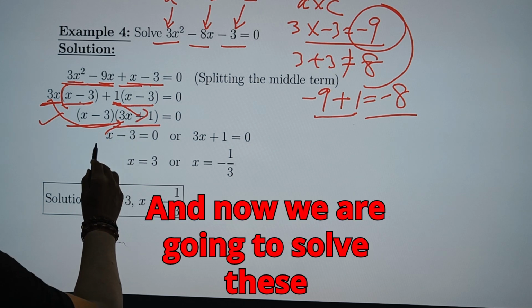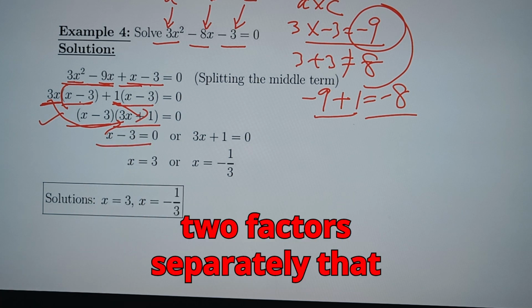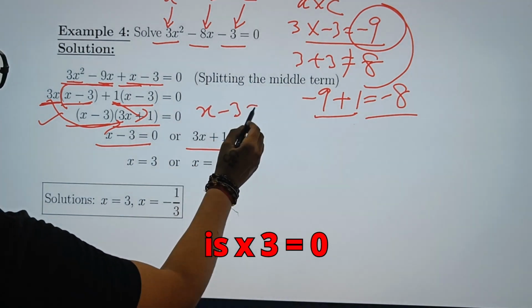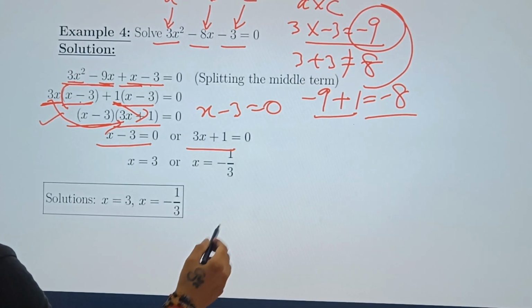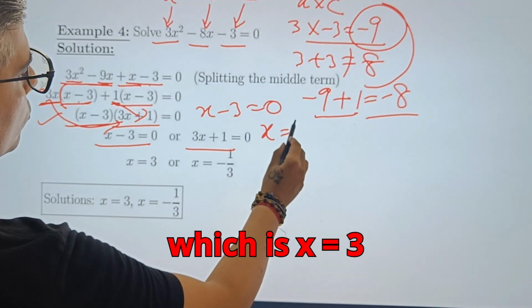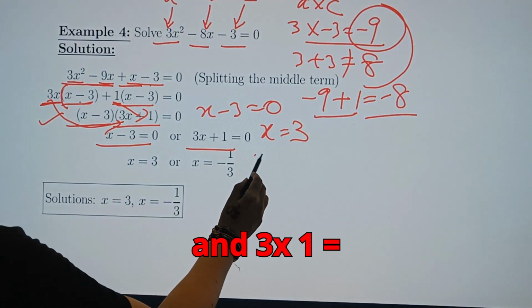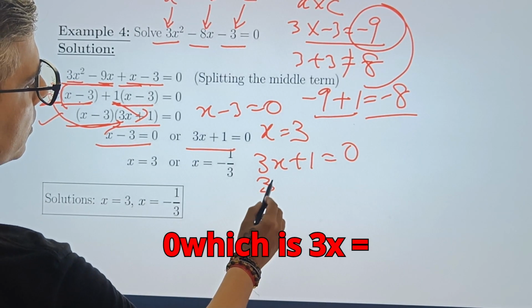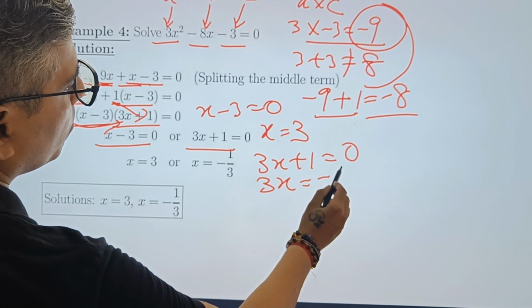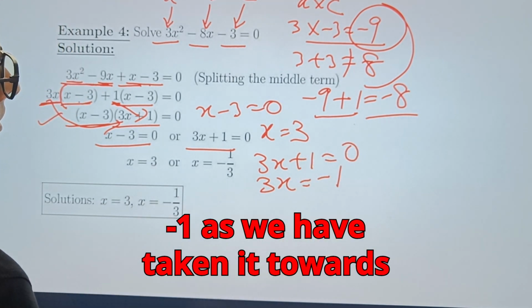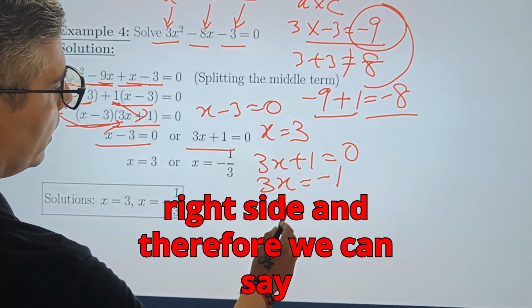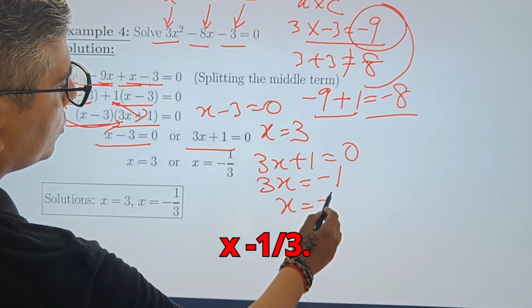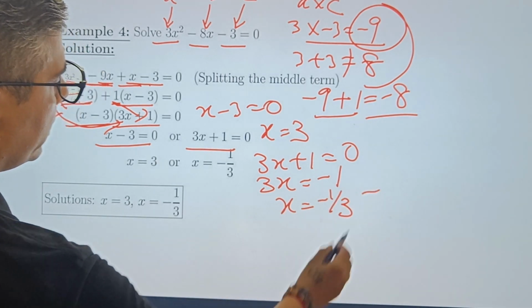And now we are going to solve these two factors separately, that is x minus 3 is equal to 0, which is x equals 3, and 3x plus 1 equals 0, which is 3x equals -1, as we have taken it towards right side, and therefore we can say x equals -1/3.